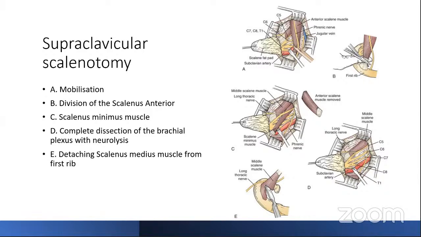So never forget the transverse cervical artery, and sometimes even a vein, along with the fat. And one more point which books do not describe, but is seen in 30% of cases, is the accessory phrenic nerve. Always take care of the accessory phrenic nerve, which will be there in 30% of cases over the scalenus anticus muscle.